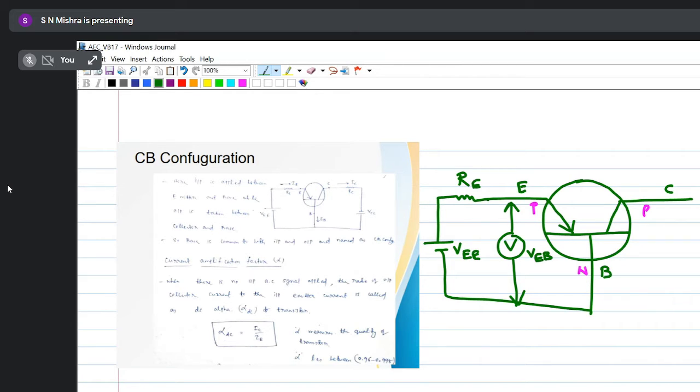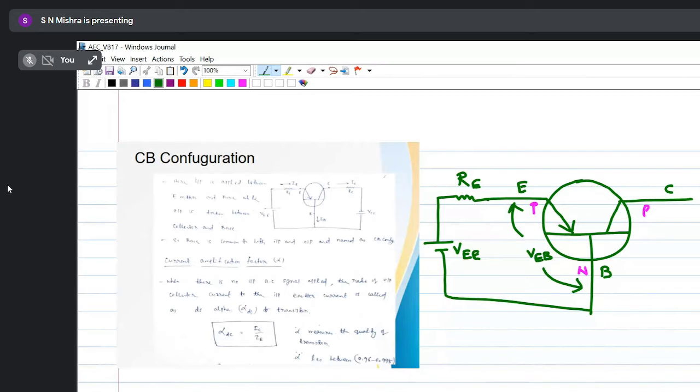Is it clear? You can use a potentiometer, or directly you can also write VEB between emitter and base. Now the collector side.